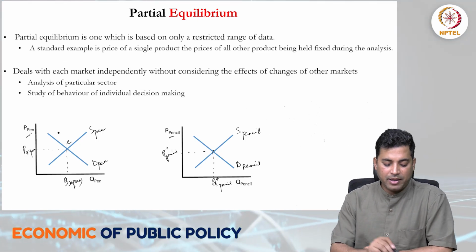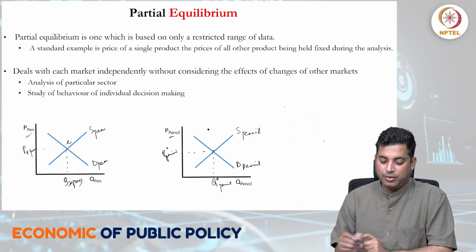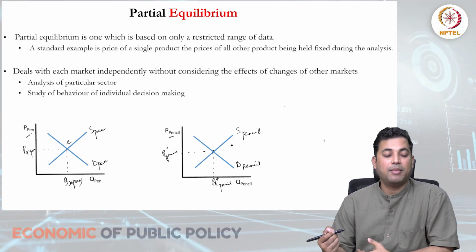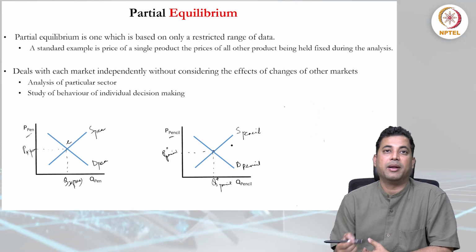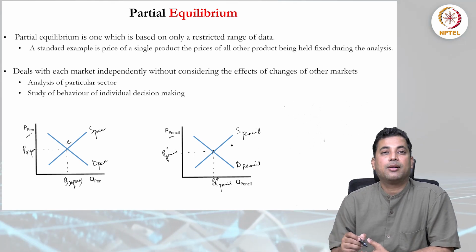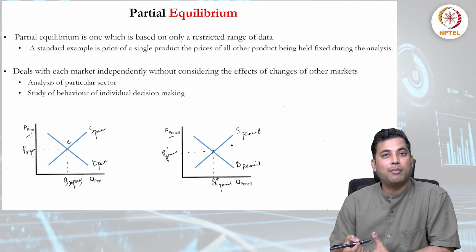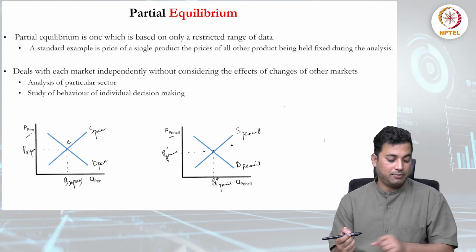So here pen and pencil, although they will be dealt with differently in the market, these two are independent. So one can call it partial equilibrium, like analyzing one market or one product at a time.